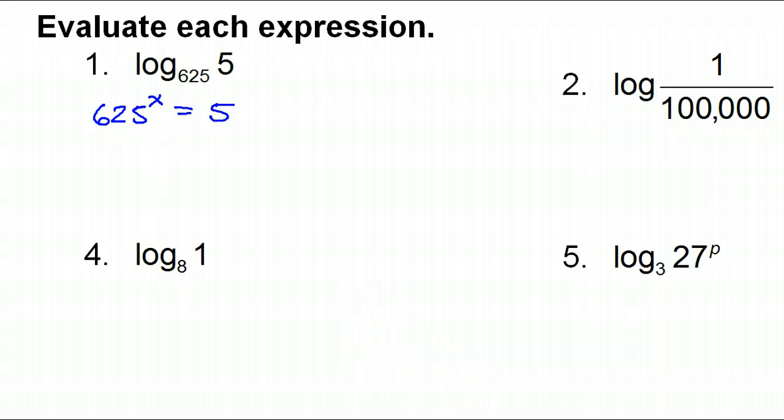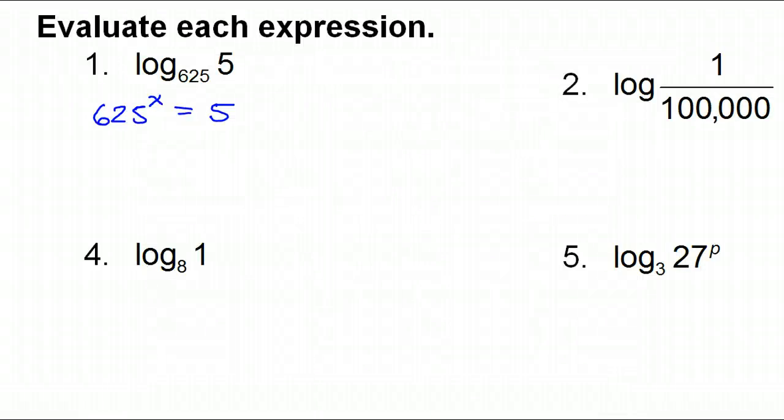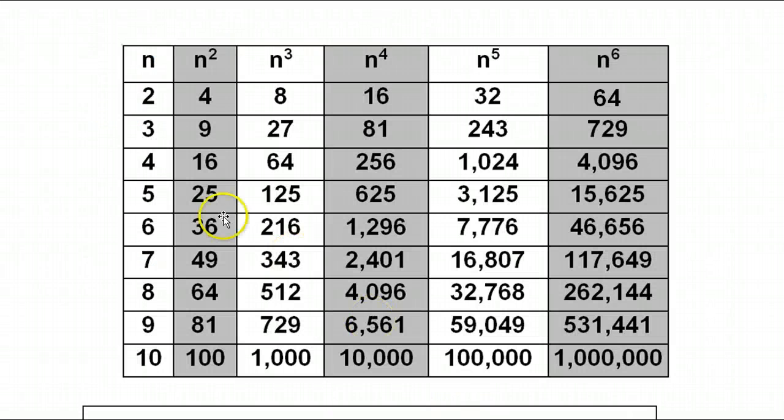The reason why, if you look at the exponential table, 625 and 5. There's 5. There's 625. 5 to the fourth power is 625. Okay? That means the fourth root of 625 is 5.